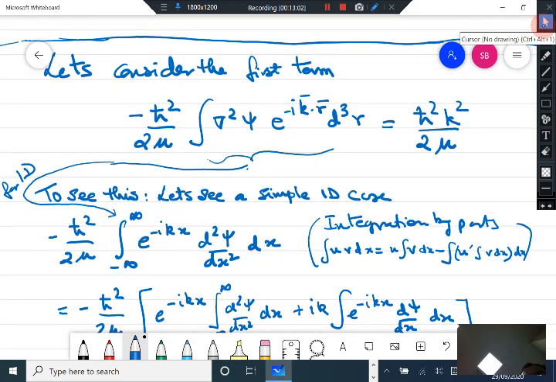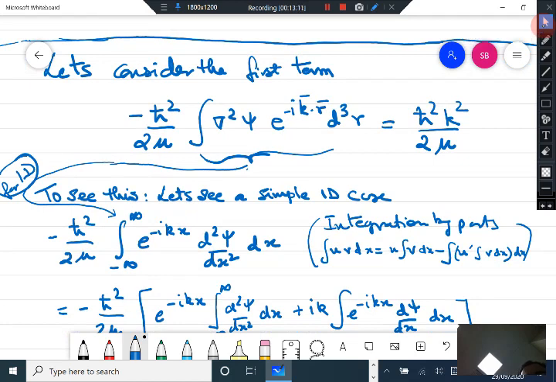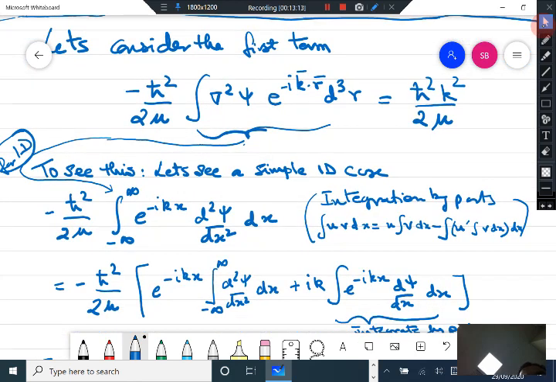You will have to use integration by parts. To see it, if I write down this expression for the 1D case, it will be minus ħ² by 2μ times the integral from minus infinity to plus infinity over the entire space of e raised to minus ikx d²ψ/dx² dx.